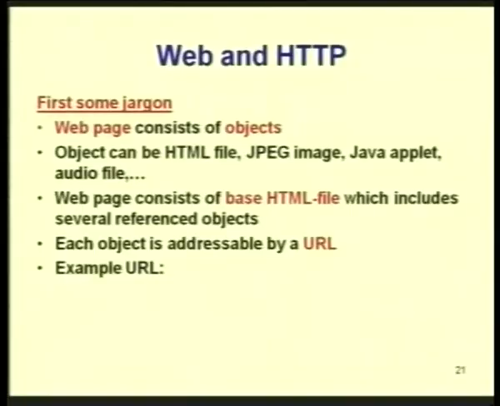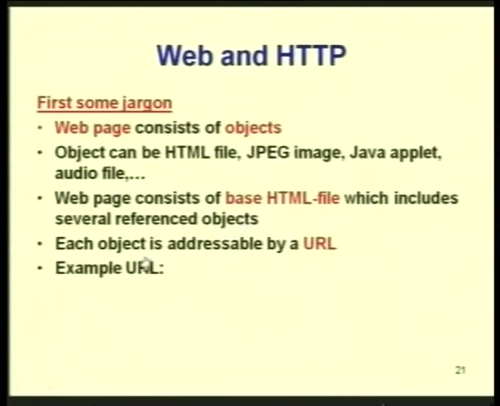Let us just look at some jargon first. A web page, we generally say, consists of some objects. This object can be an HTML file, a JPEG image, a Java applet, an audio file or anything. We are all familiar with web pages, which consist of these different objects. So, a web page consists of a base HTML file which includes several referenced objects.